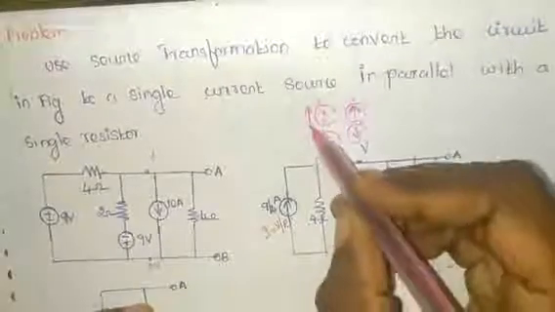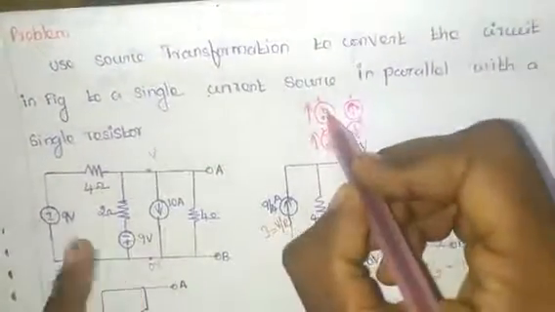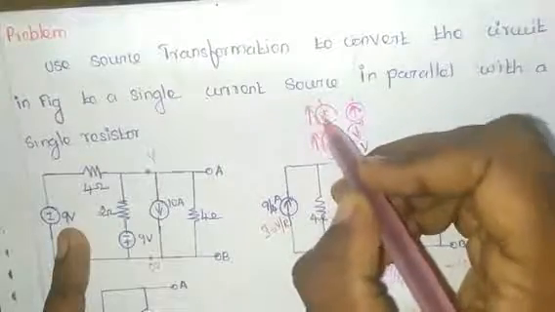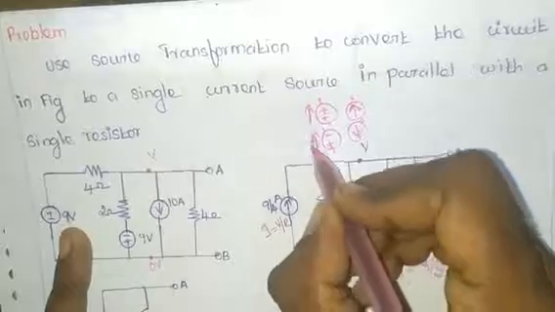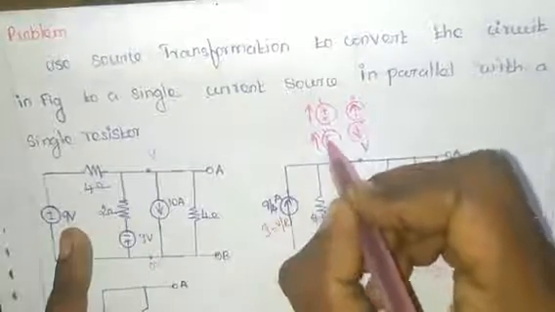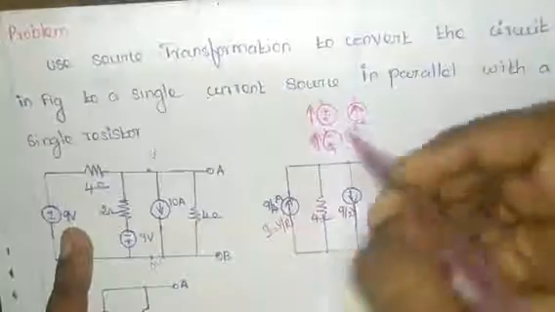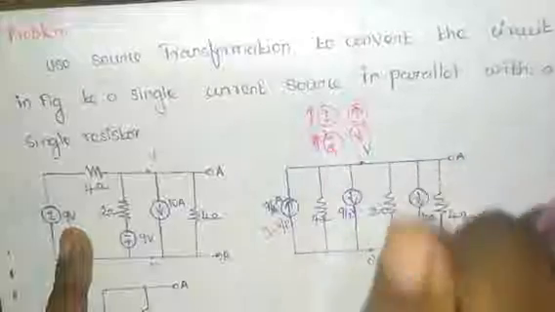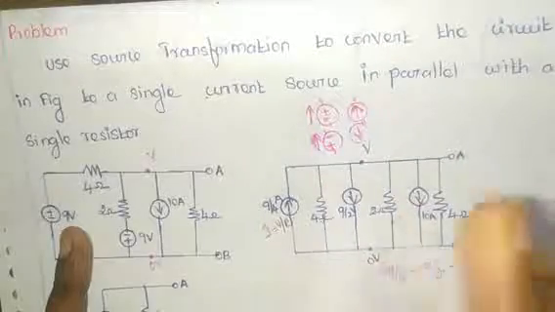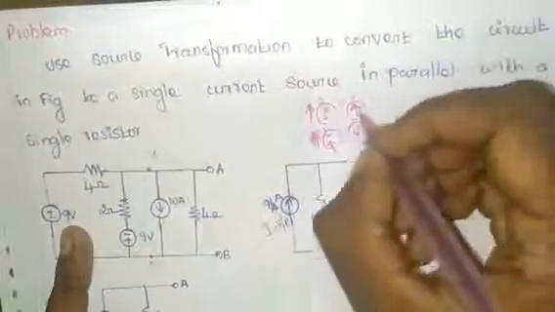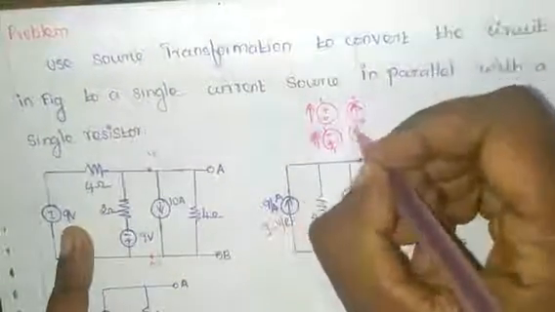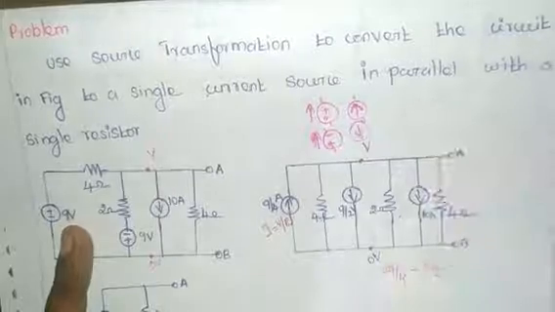Remember, if the current is flowing from the negative to the positive terminal of a voltage source, it is considered a voltage rise. If the current is flowing from the positive terminal to the negative terminal, it is considered a voltage drop. So when converting a voltage source into a current source, a voltage rise is converted into a current source with an up arrow.